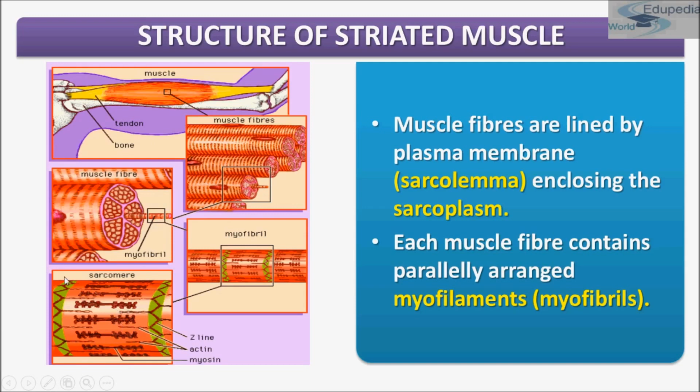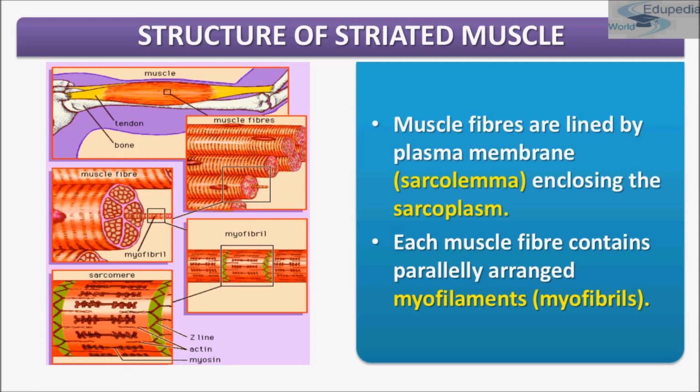These green bands are the Z lines. We'll be studying them in detail, but for the time being, just know that the green bands are known as Z lines. And this is actin and this is myosin, the contractile proteins of muscles.